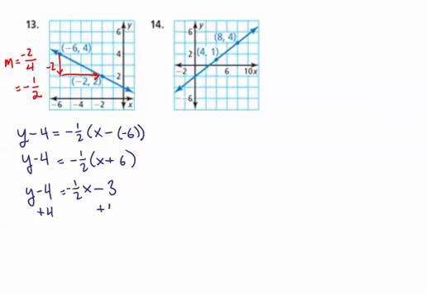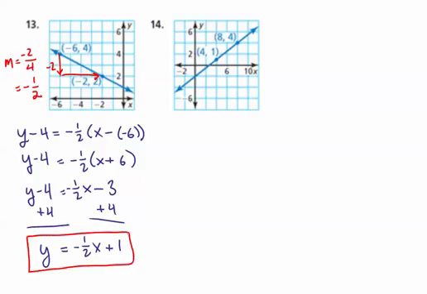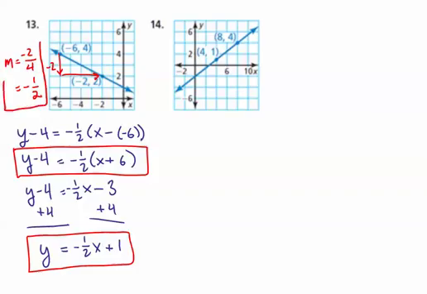Add 4 on both sides, and that leaves us with y is equal to negative 1/2 x plus 1. That is our destination slope-intercept form. Above that we have the intermediate step point-slope form, and still higher we have the slope calculation, and we're done.